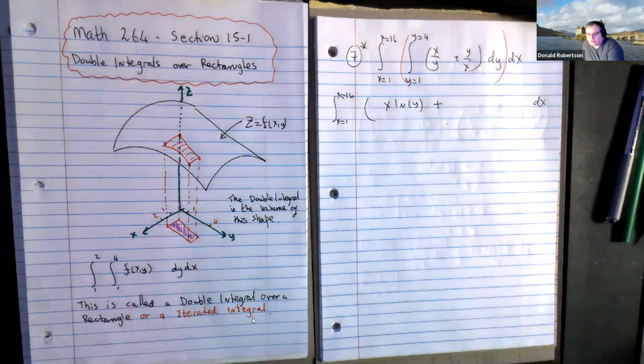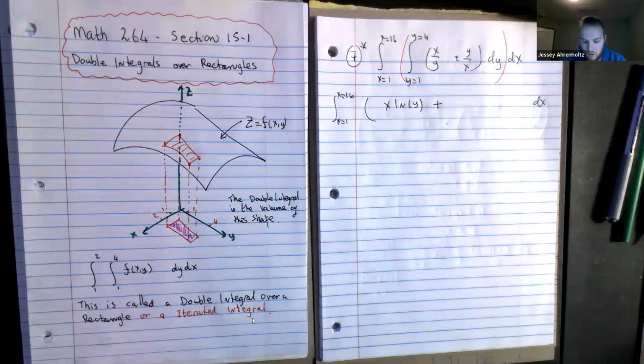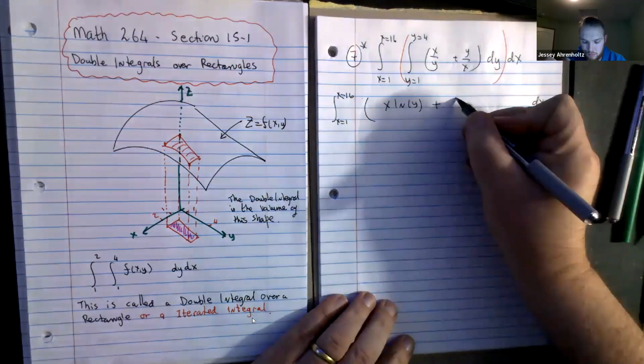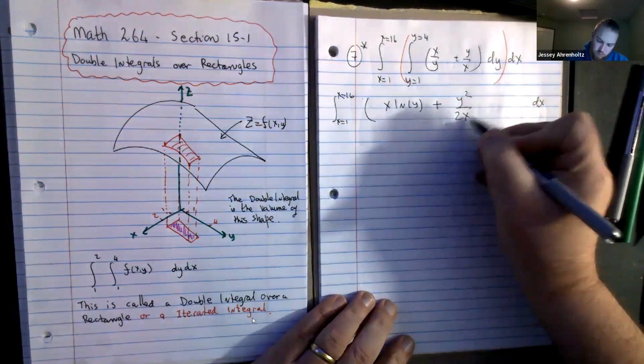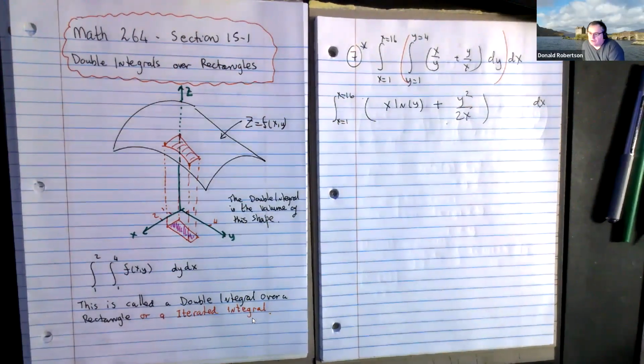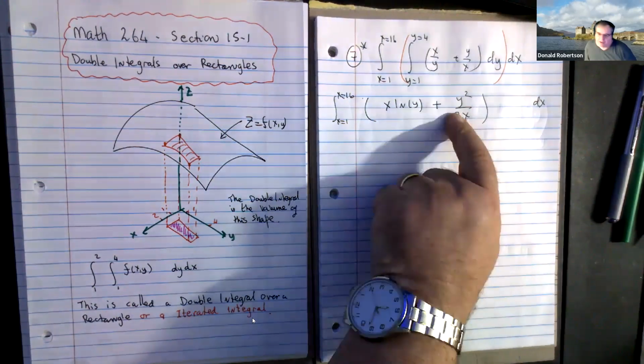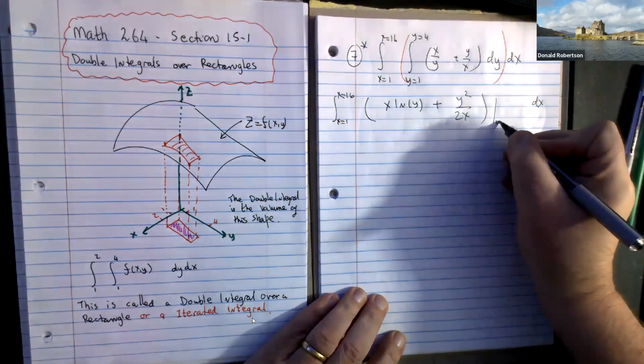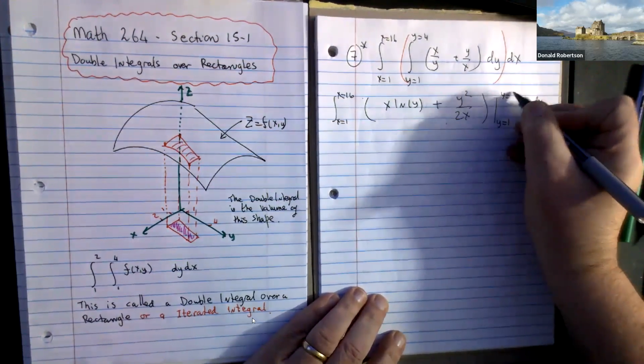What will y over x get you? If you integrate y over x with respect to y, y squared over 2x. You'll agree? It's add 1 to the power, y squared, divide by the new power, add in an extra 2, there's your guy. You're going to evaluate it at y equals 1, y equals 4.